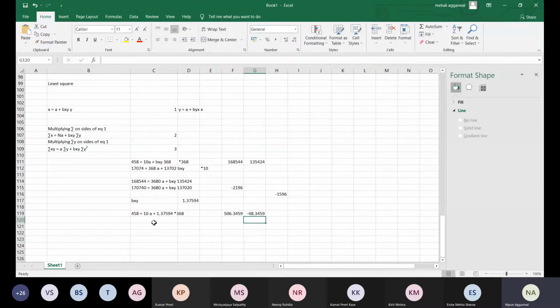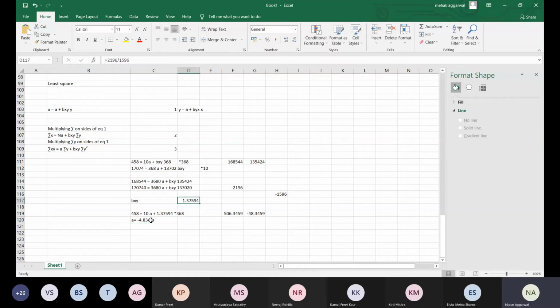The a value comes out to be minus 4.834. So this will be your a.